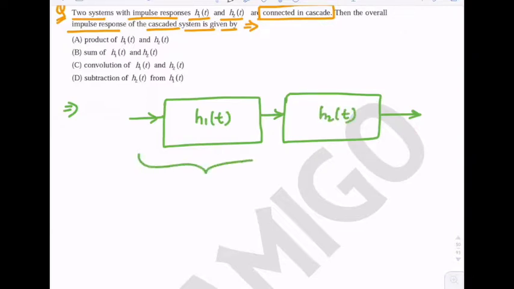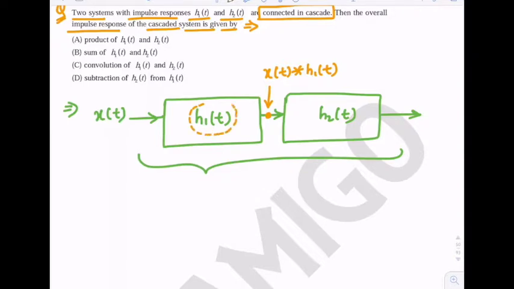this cascade connection. Now let us assume that if the input is x(t), then at this point the signal will be x(t) convolve h1(t), because we know that the output from an LTI system is equal to the convolution of input with the impulse response.